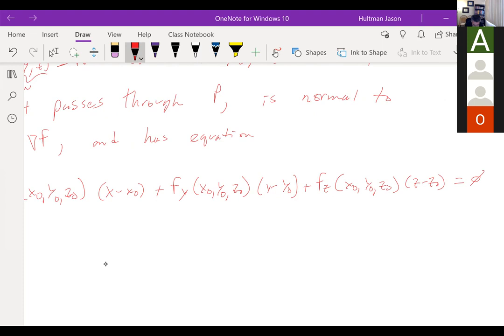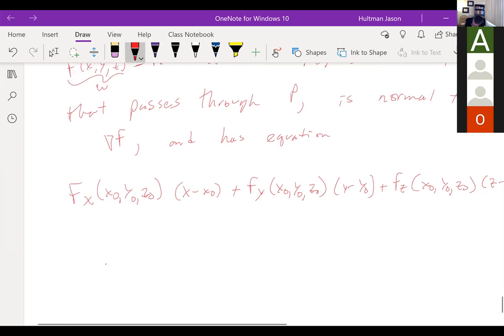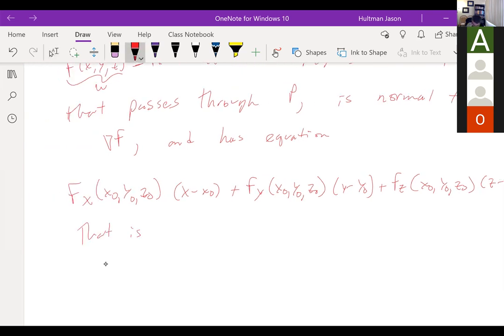That is del F dotted with (x minus x naught, y minus y naught, z minus z naught).